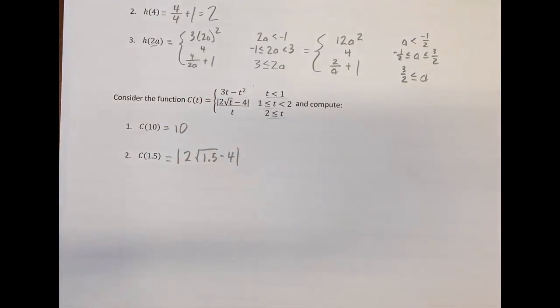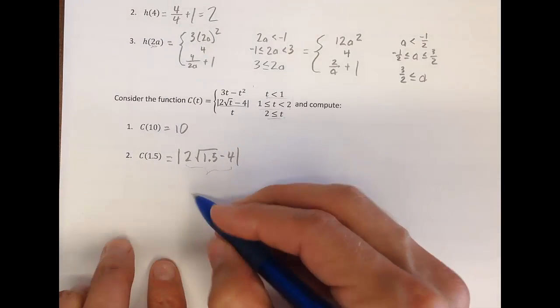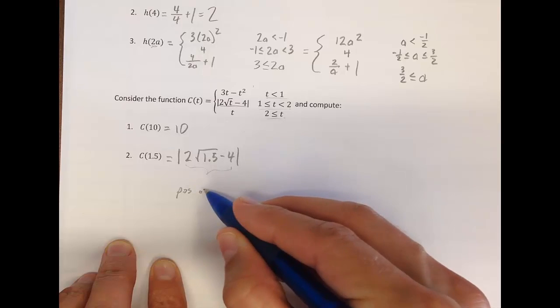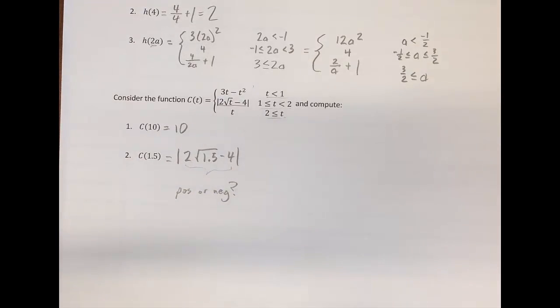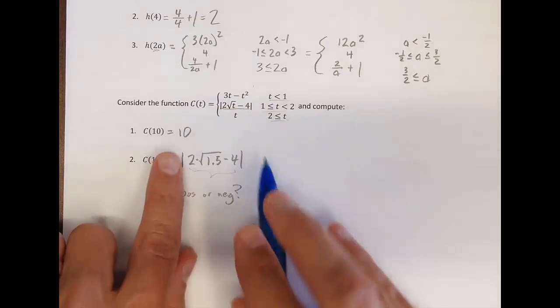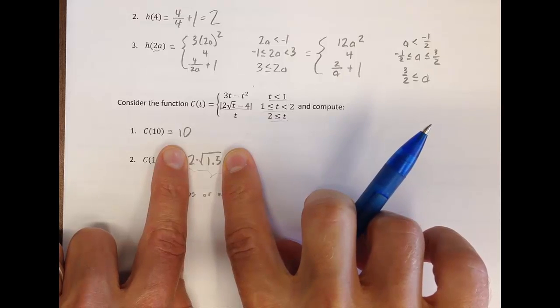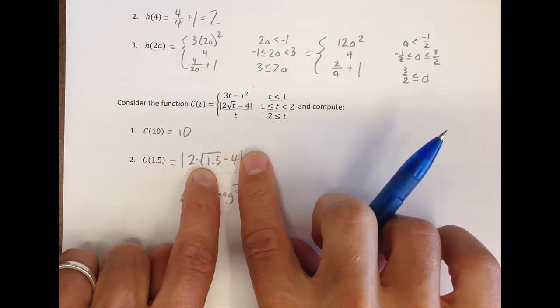So the absolute value of -6 is just 6. The question is, is that positive or negative? That is the question. Well, here your number sense comes into play. The question is really, is this thing bigger than or equal to 4, or is it less than 4?